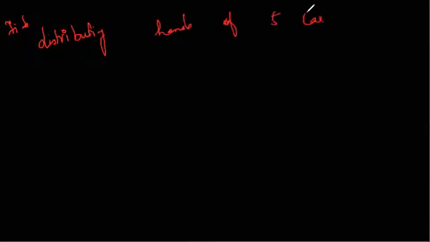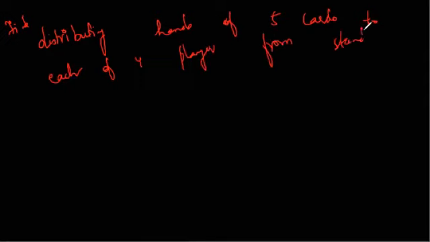Now for the same, this is the formula, very important and to be remembered. Now if we take an example, find the ways of distributing hands of 5 cards to each of 4 players from the standard deck of cards. So what is the number of cards in the standard deck?